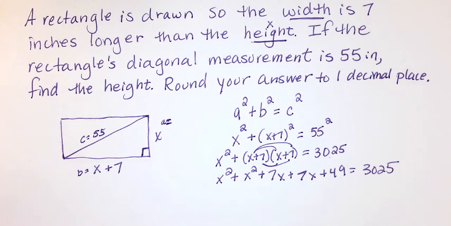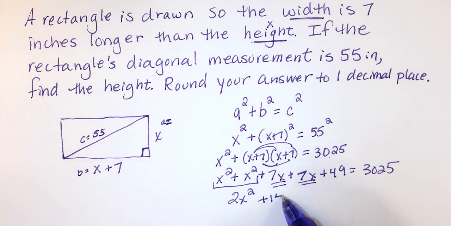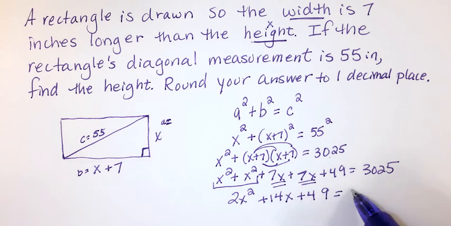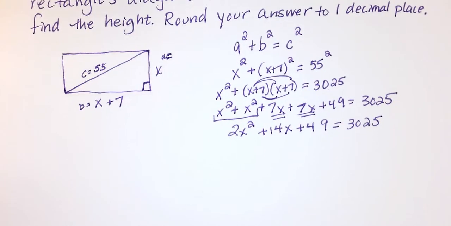Now I need to add like terms. So I've got X squared and X squared is just 2X squared. And then I also have 7X and 7X, which is 14X, plus 49 equals 3025. We now can see that this is a quadratic because we have an X squared term. So for a quadratic, I want to make this equal 0, and then we'll solve it.